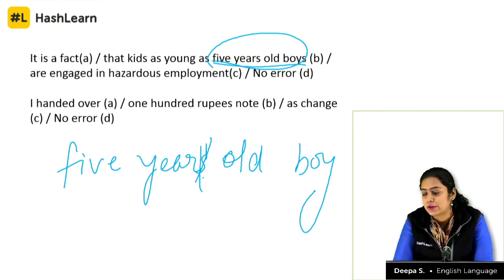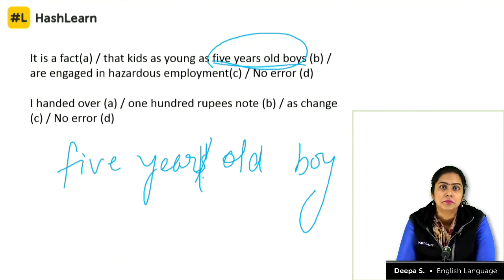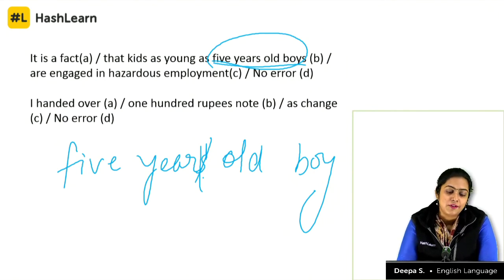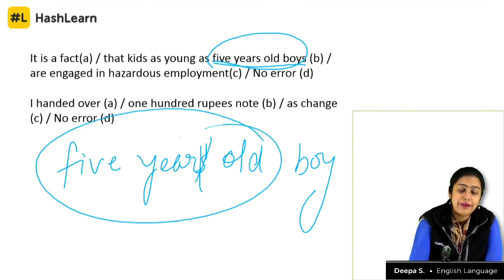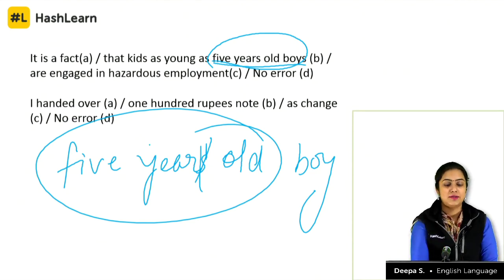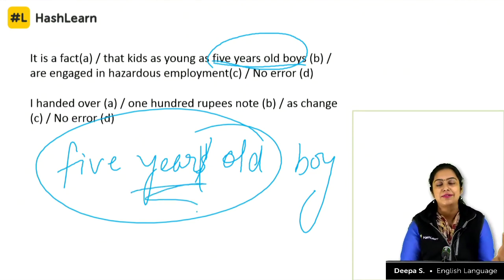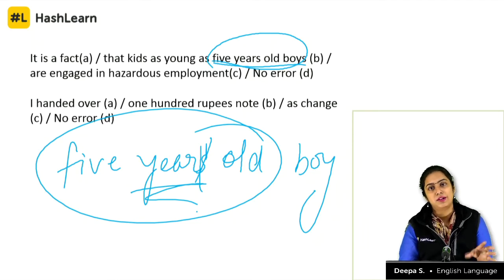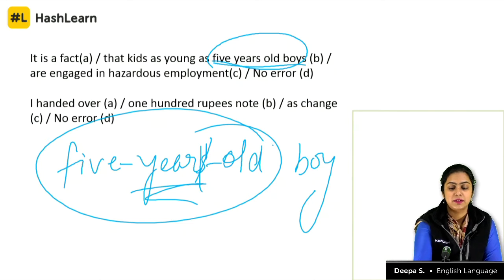She was a 42-year-old woman who became the Prime Minister of India. So when you have an adjective phrase, you're tempted to say 5 years because 5 is plural, but in this case it is 5-year-old boy.